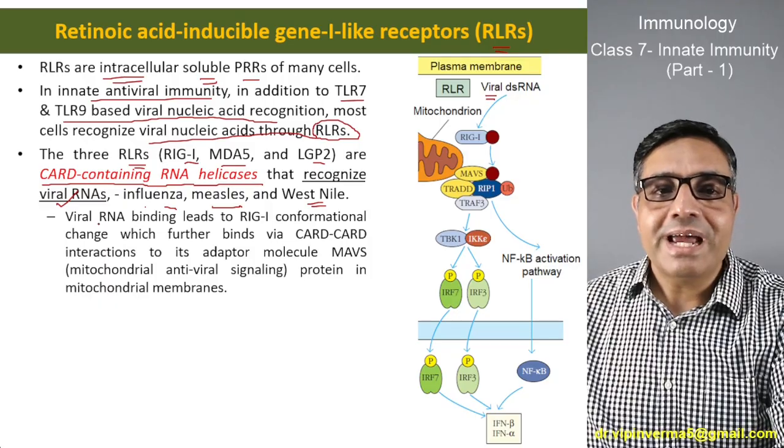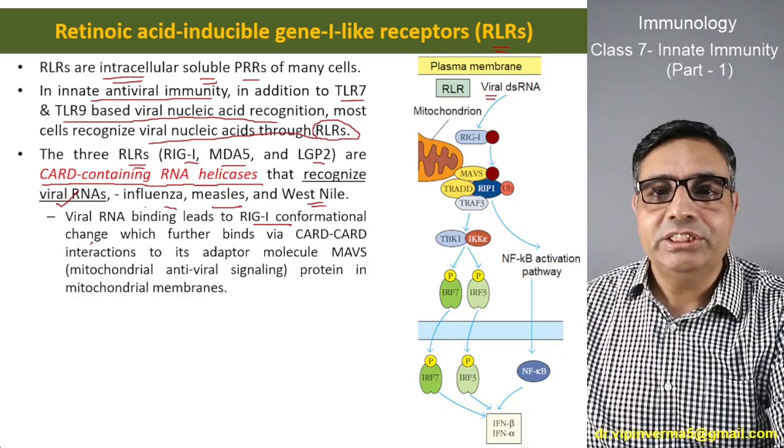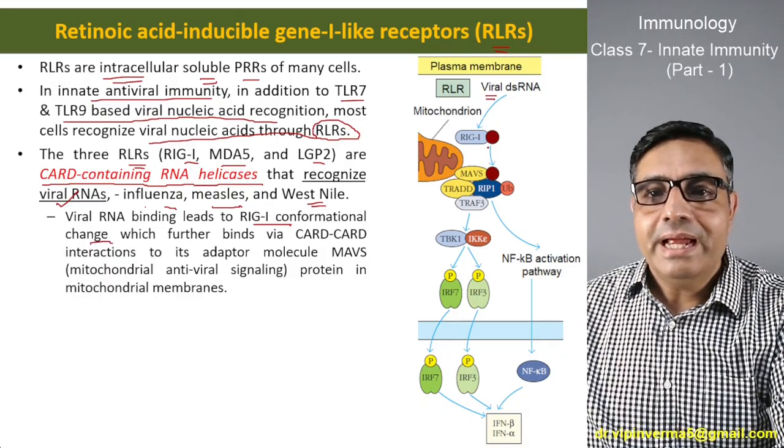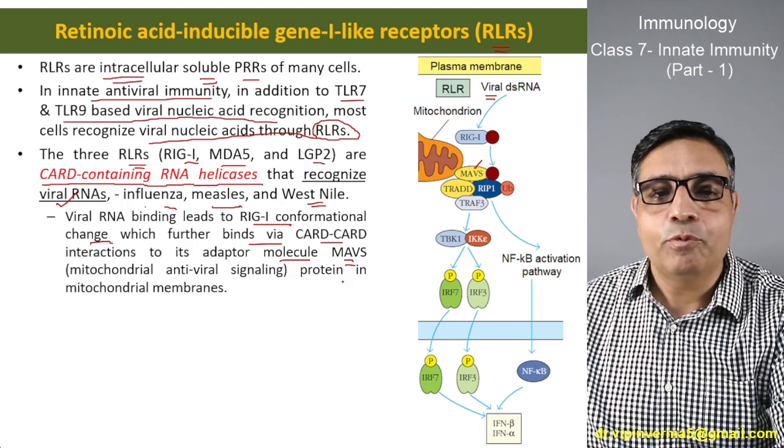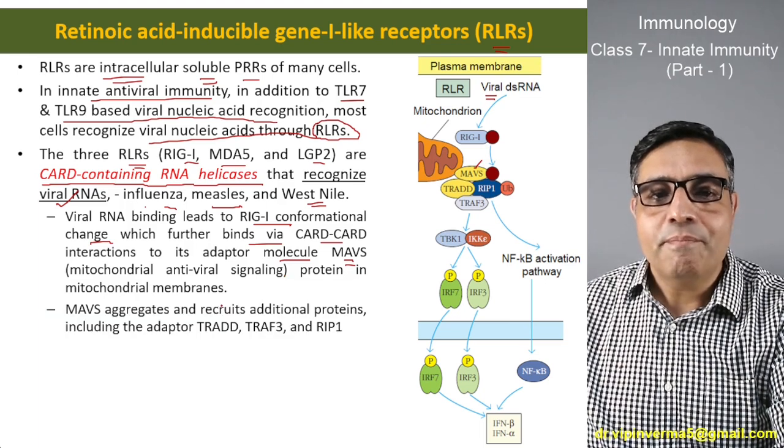Now, viral RNA binding leads to a RIG1 conformational change, which further binds via CARD-CARD interaction to its adapter molecule MAVS, the mitochondrial antiviral signaling protein in mitochondrial membranes.